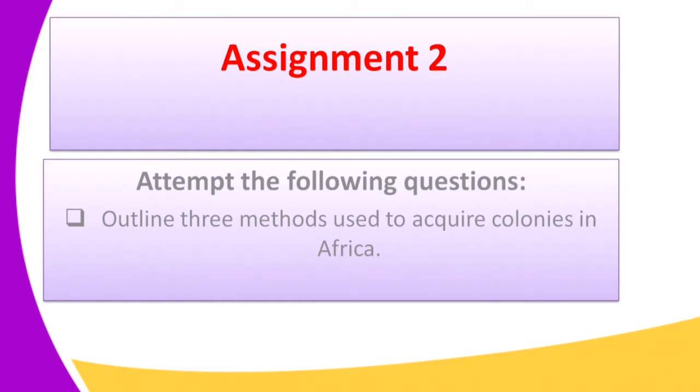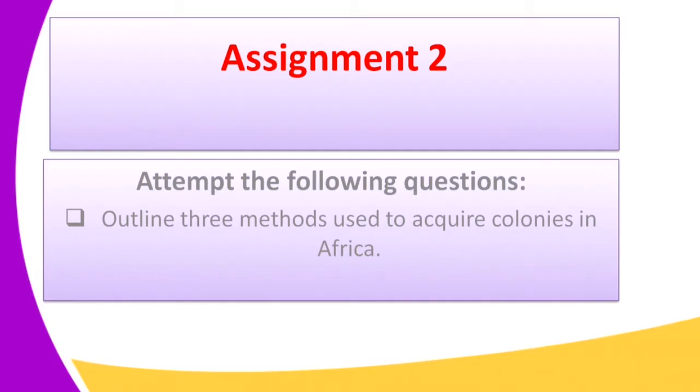Another method is the military conquest. This is the method whereby they used their own trained military soldiers, who could suppress the communities which were resisting. So this method was most applicable in the communities that were resisting, such as the Nandi community, who resisted for a long period of time.